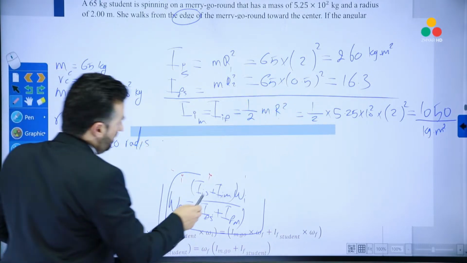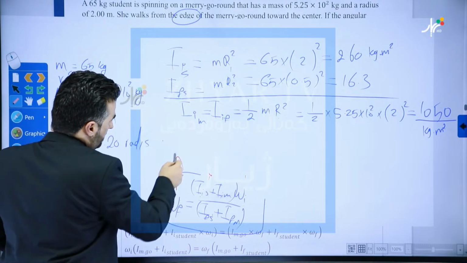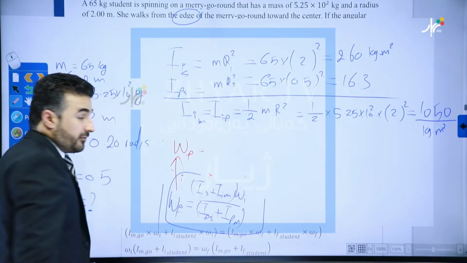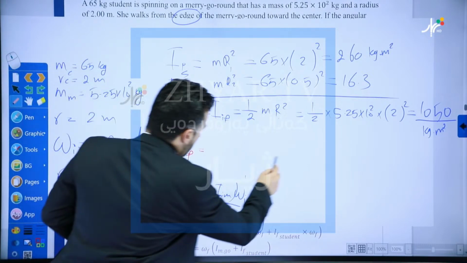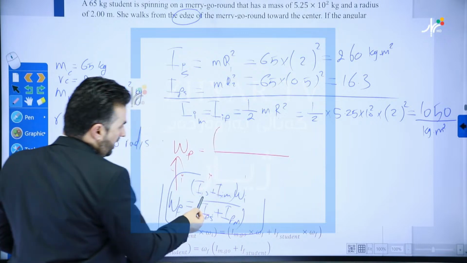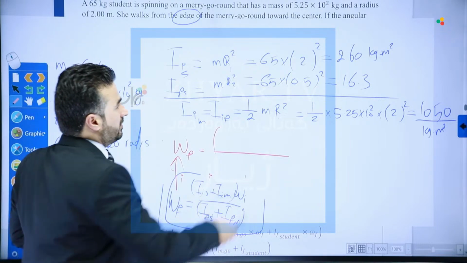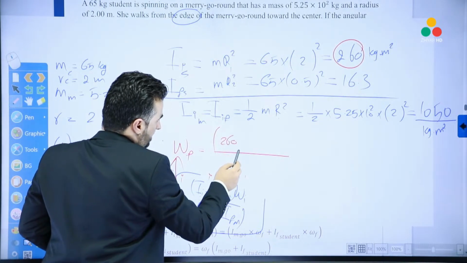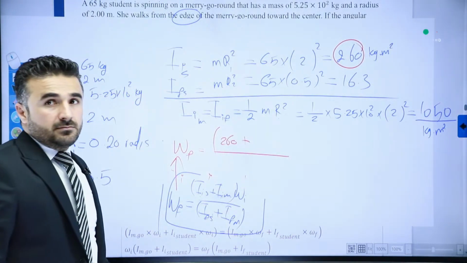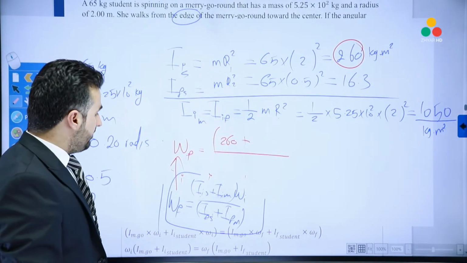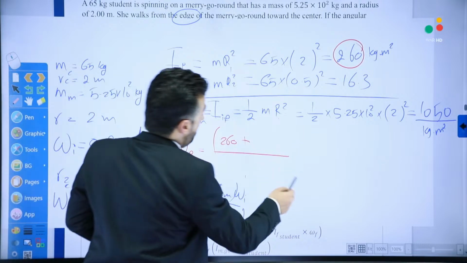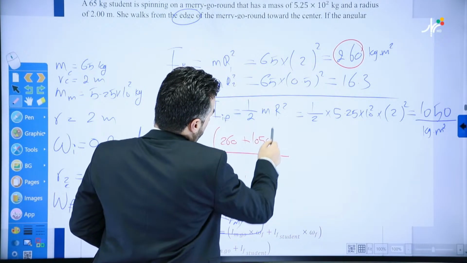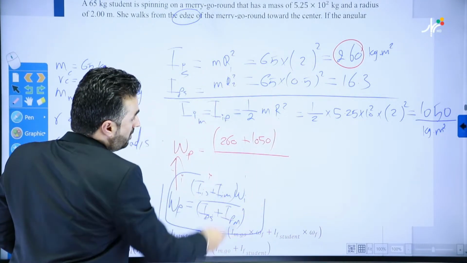So omega final, or final angular speed, is going to be the initial moment of inertia for the student, which was 260, plus the initial moment of inertia of the merry-go-round, which was 1050, multiplied by the initial angular speed.